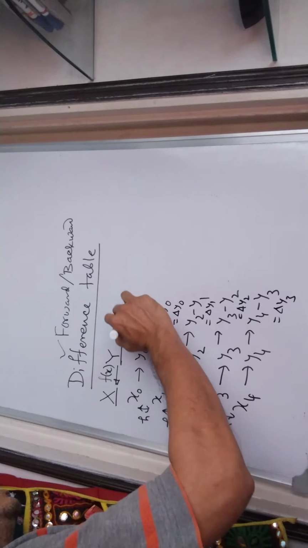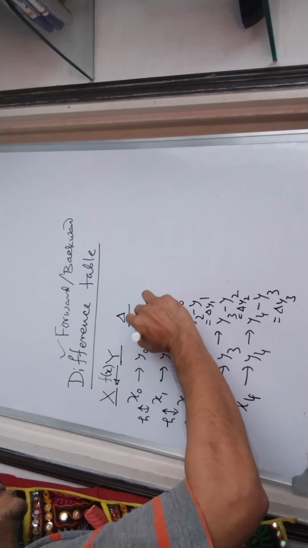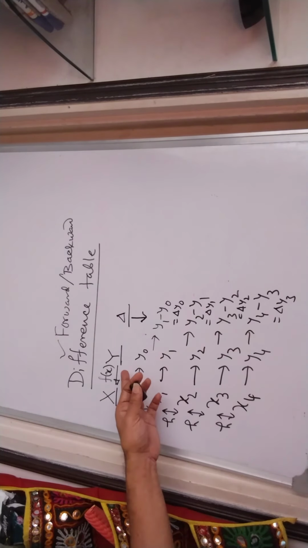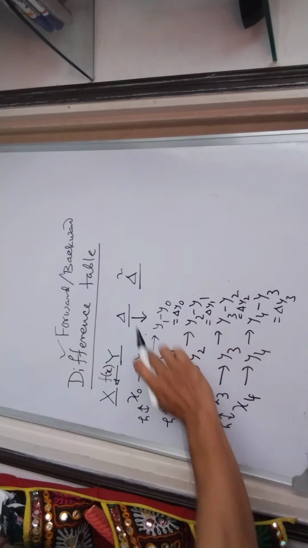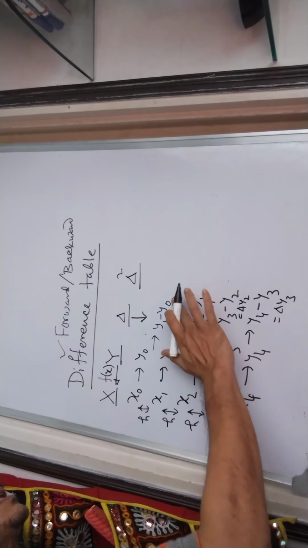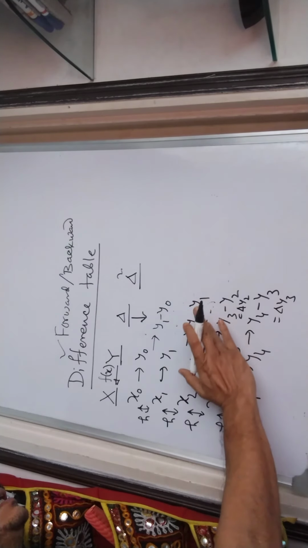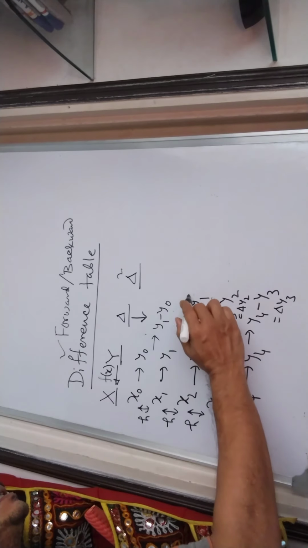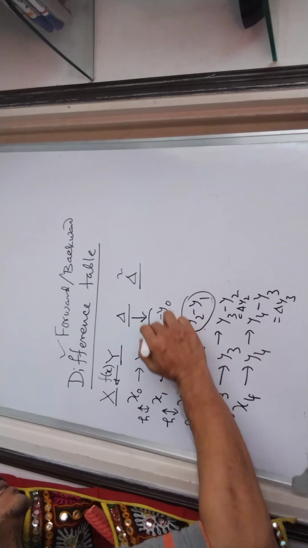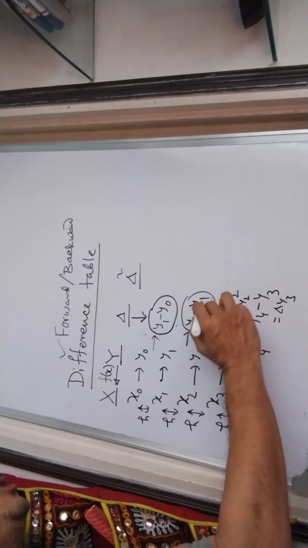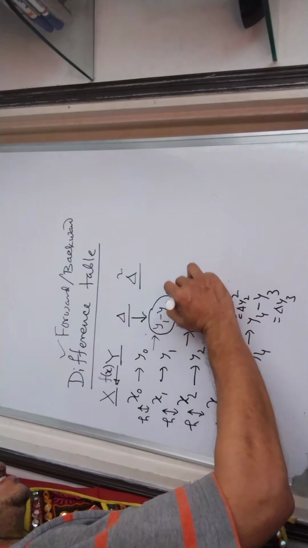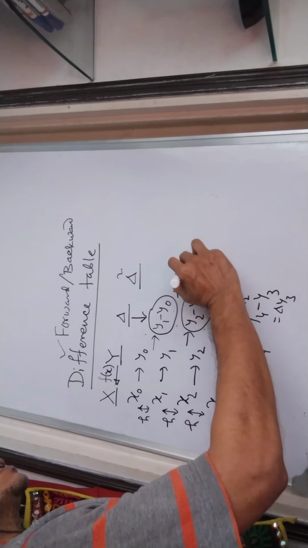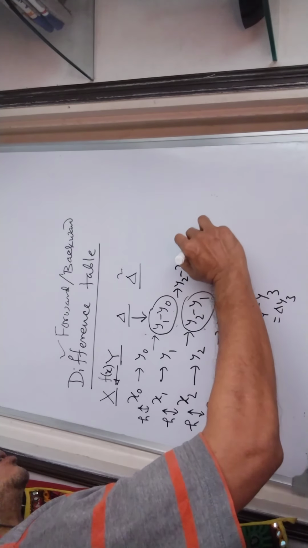So this is the first difference of y. And now we will write the difference of the first difference, which is nothing but delta y1 minus delta y0. So y2 minus y1 minus y1 minus y0, and it becomes y2 minus 2y1 plus y0, isn't it so?